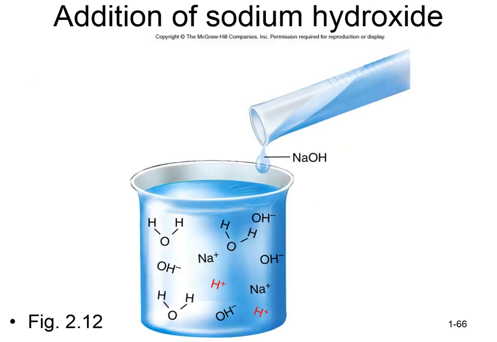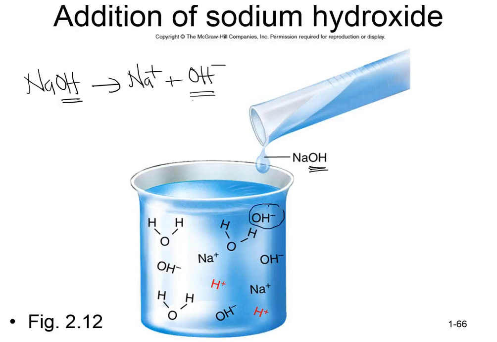So what does it mean? If you put sodium hydroxide in water, NaOH, in the end you have Na plus and OH minus. So the OH minus is being released in water.